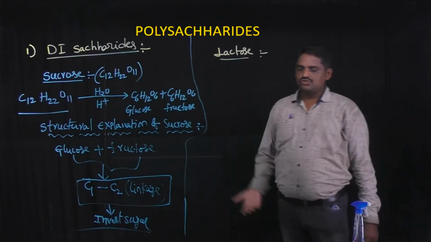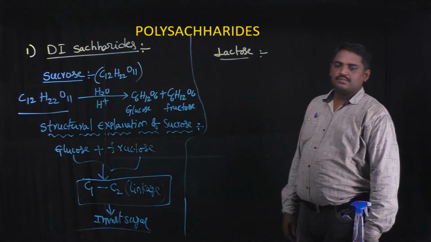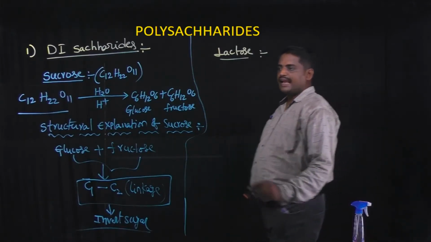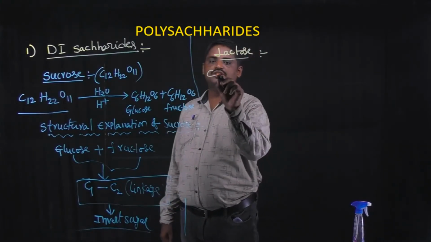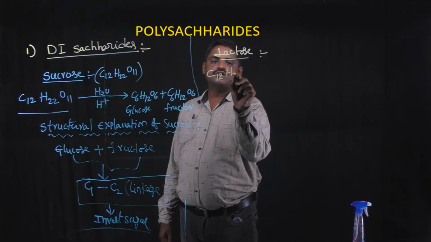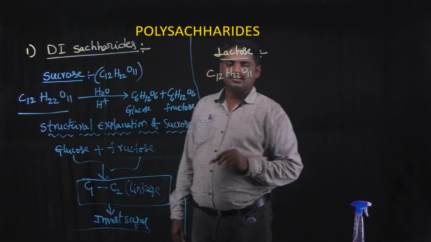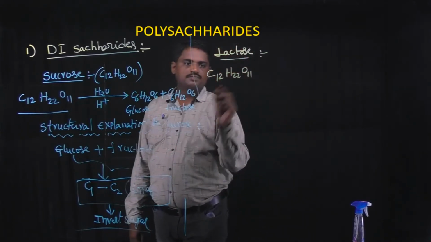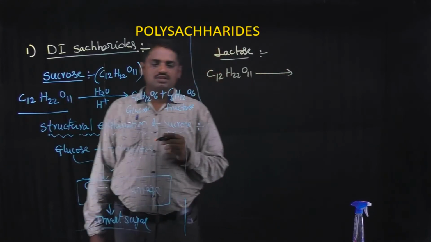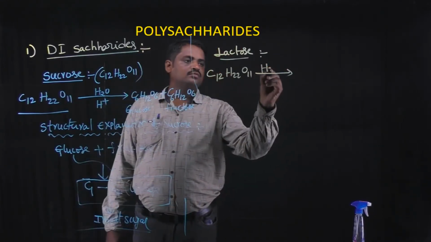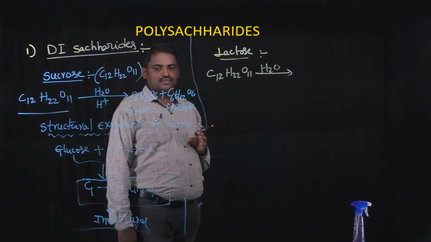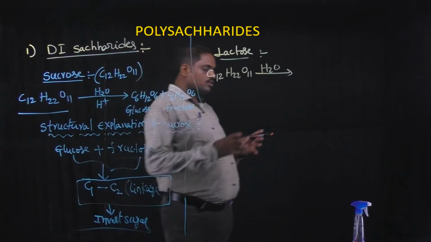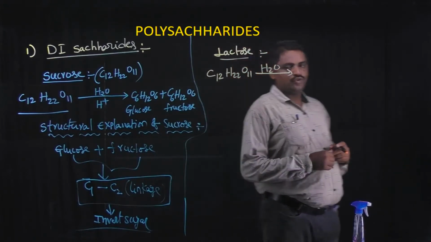It is similar to the sucrose formula, C12H22O11. This lactose on hydrolysis produces two types of units.